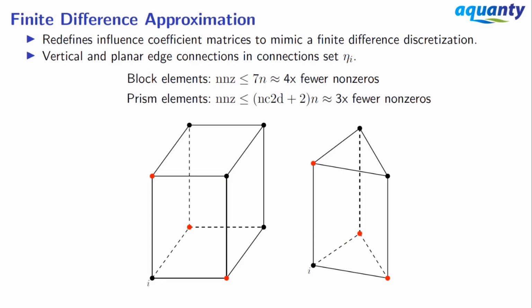Here you can see that the number of connections is greatly reduced. This can have a significant impact on the speed of your simulations simply because you have a less dense matrix and therefore you're doing less work at each time step. It's important to keep this in mind, and we typically recommend that you run using finite difference mode.